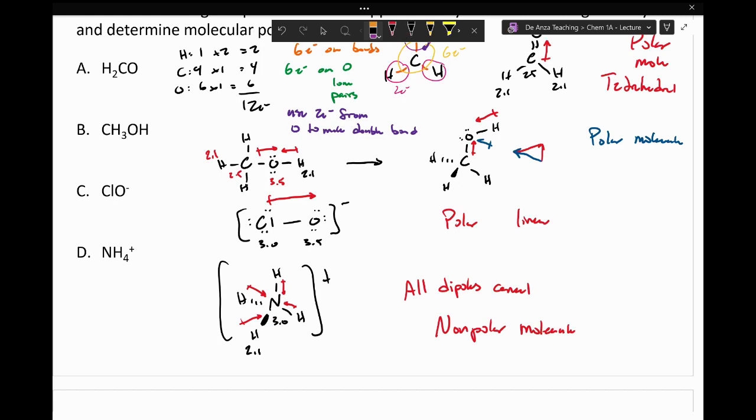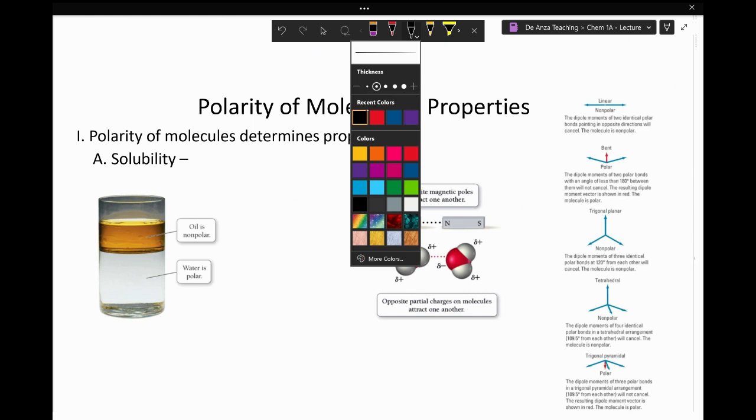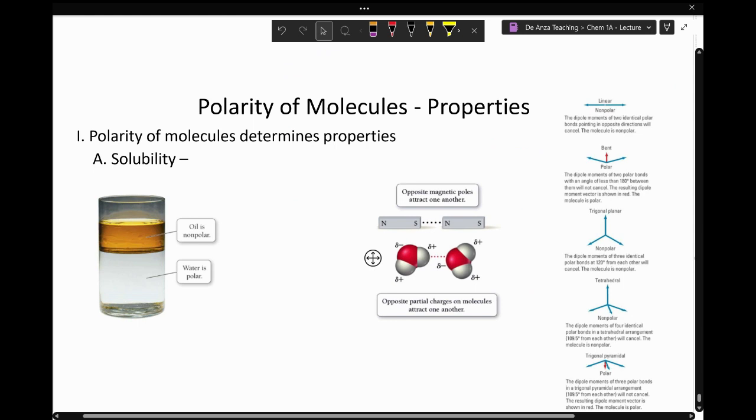Okay? The whole reason that we're looking at all of this polarity is that the polarity of the molecules determines the properties of the compound. When we talked about things being soluble, insoluble, etc., reminding ourselves that solubility means ability to mix, in some cases what determines the solubility of something is the polarity of the molecule.